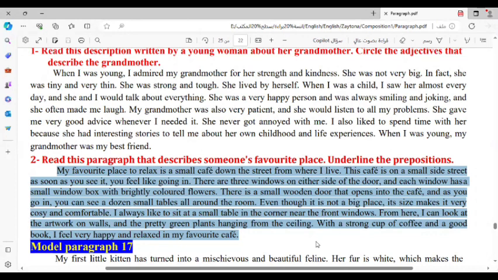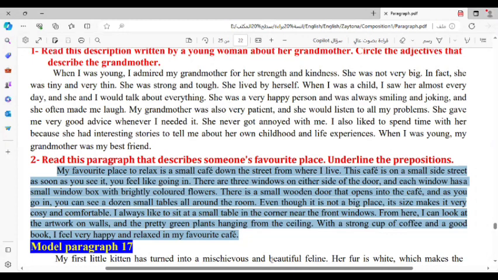There is a small wooden door in the cafe, and as you go in, you can see a dozen small tables all around the room.